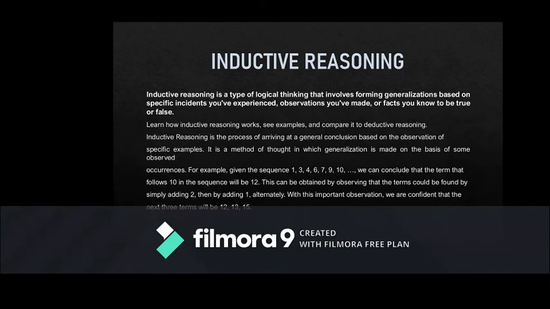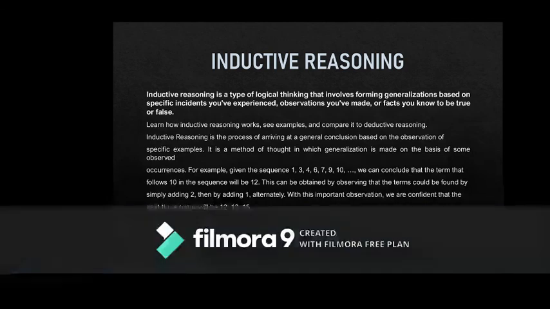Inductive reasoning is the process of arriving at a general conclusion based on the observation of specific examples. It is a method of thought in which generalization is made on the basis of some observed occurrences. For example, given the sequence 1, 3, 4, 6, 7, 9, 10, we can conclude that the term that follows 10 in the sequence will be 12.